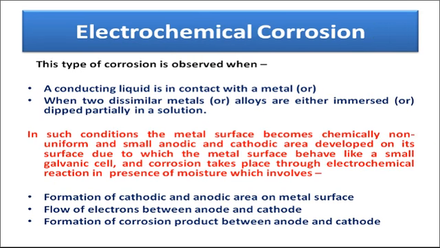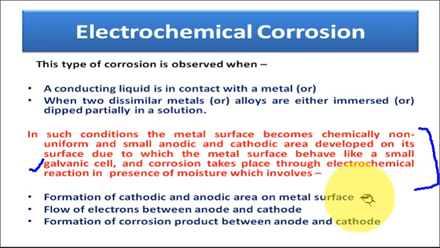Now, if we understood the concept of the process or the initiation of electrochemical corrosion, let us move towards the mechanism of electrochemical corrosion, or wet corrosion. As the metal surface becomes chemically non-uniform and a small galvanic cell forms at the metal surface, corrosion takes place in three steps.